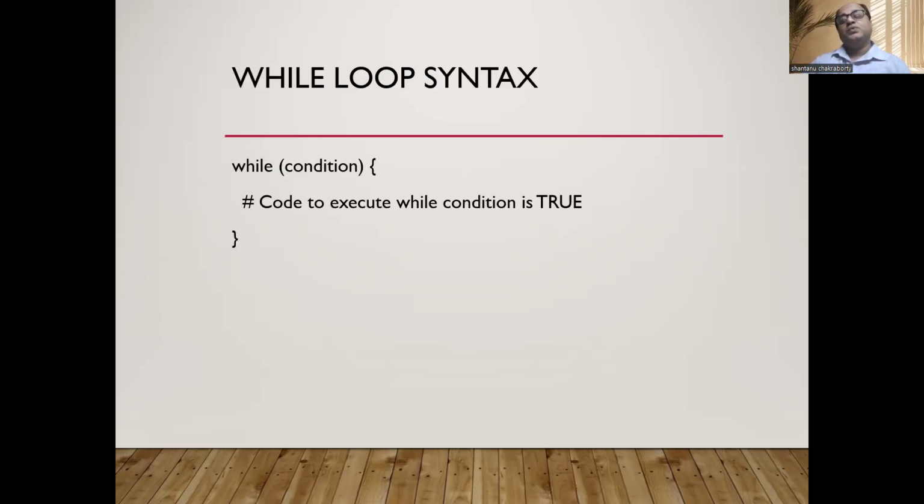A while loop is an entry control loop we use in R programming. Here the condition is checked first. If the condition is true, the code in the true block is executed. If the condition is false, the control will go outside the loop. Within the body of the loop, the counter variable is incremented by 1.